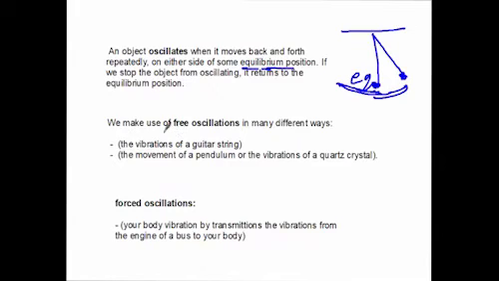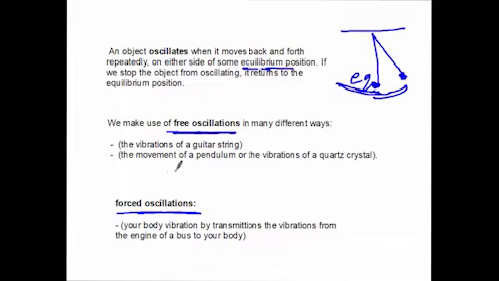So we have free oscillations and forced oscillations. As a free oscillation, the vibration of a guitar string. When you pluck a string of a guitar, it gives you some tones or notes depending on the natural frequency of the strings.